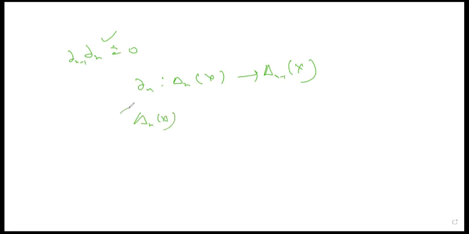Just before we start this, because this is a boundary map, right? Because it satisfies this condition, it is equal to 0. So it gives a homomorphism from Delta n X to Delta n minus 1 X, right? With this condition, this Delta n X is a chain complex, right?